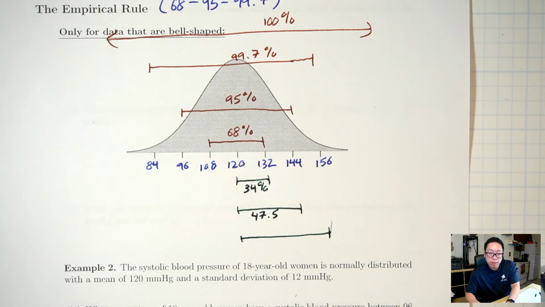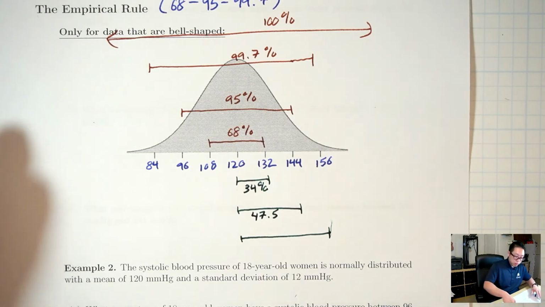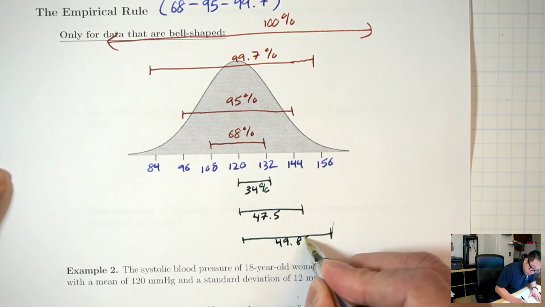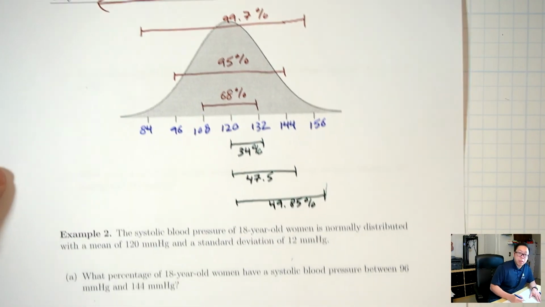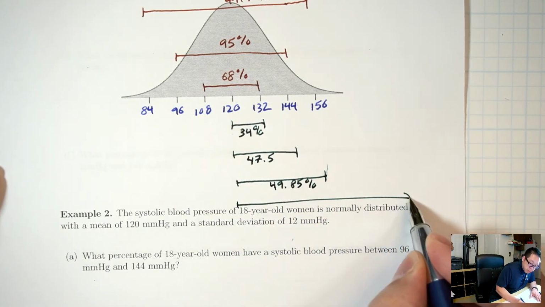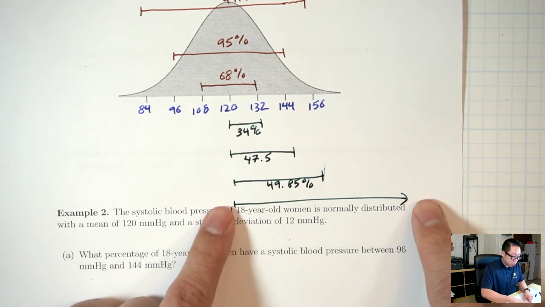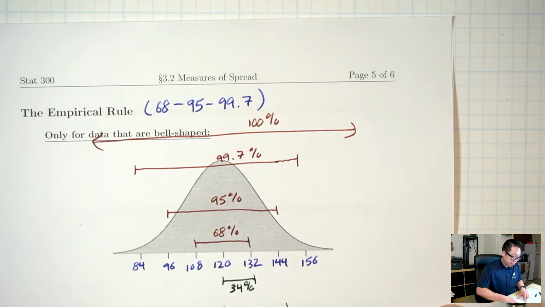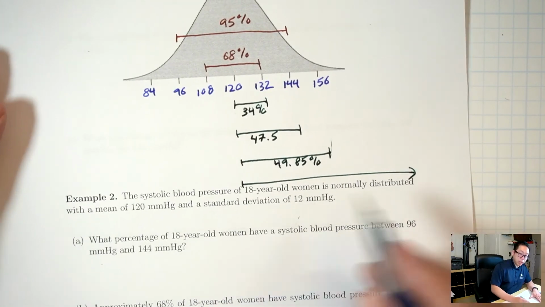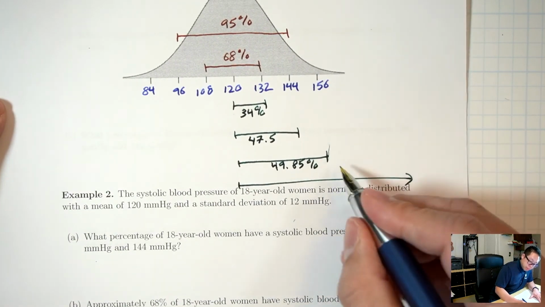So 99.7 divided by 2 is 49.85. And then what about the middle all the way to the right? So middle all the way to the right should be half of the 100%. So middle all the way to the right is going to be 50%.